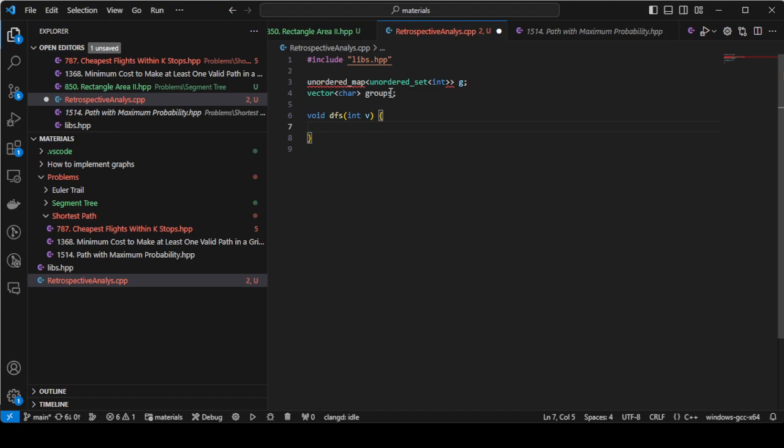If we meet that our graph, our adjacency, has no vertices, that means our vertex is a pair.